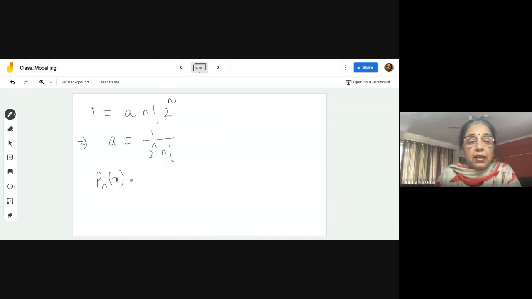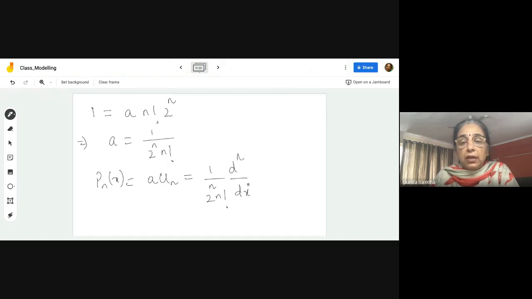Your Pn of x was a un. Now, what is a? 1 upon 2 to the power n, n factorial. And un means the nth derivative of x square minus 1 to the power n. This is your Rodrigues formula.